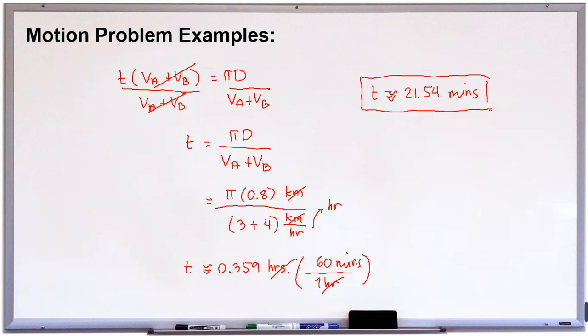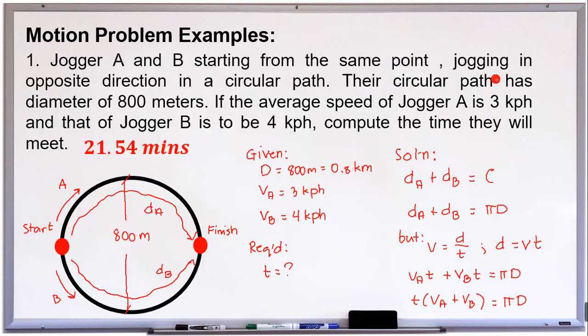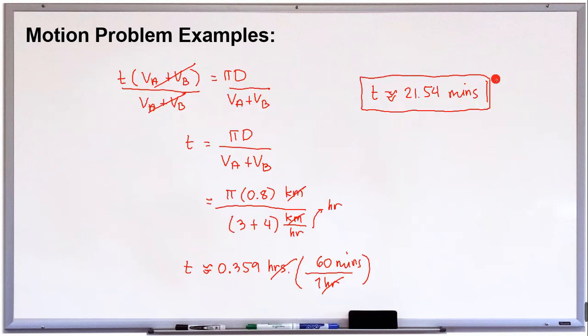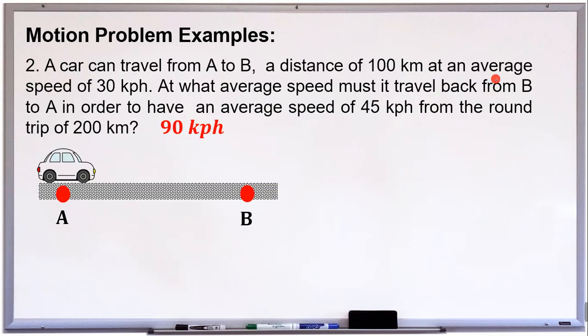So this is the time it takes for both joggers to meet within the circular track after they have started at the same point on the same track. Okay, so that is our final answer for our first sample problem.